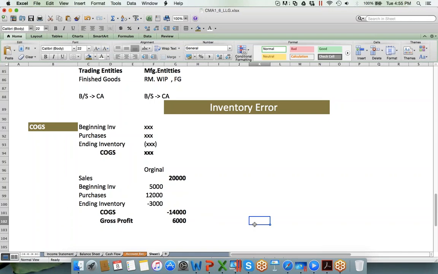If gross profit is higher, net profit will be higher. If net profit is higher, retained earnings will be higher. If retained earnings are higher, equity will also be higher.